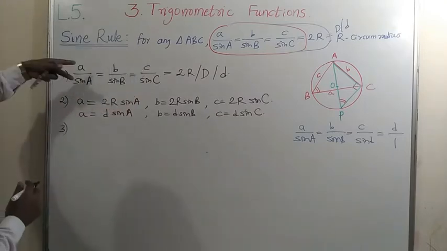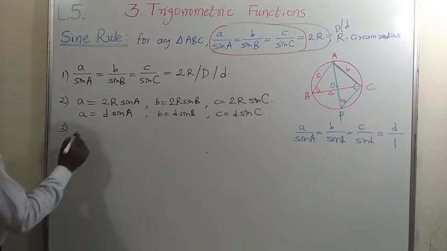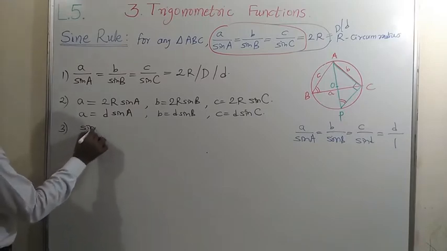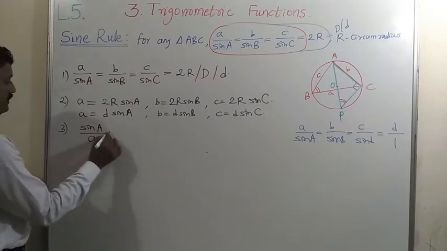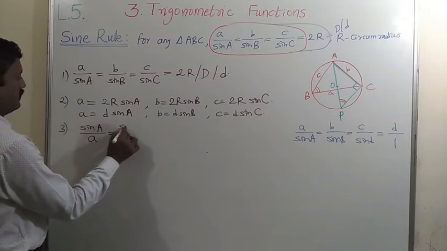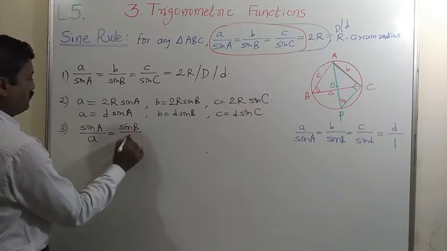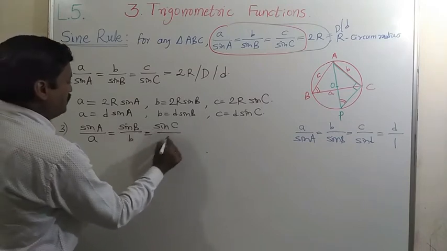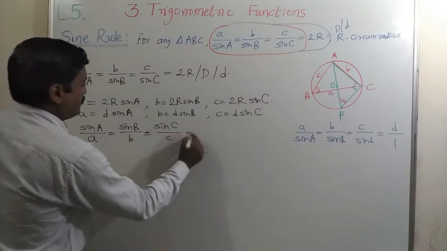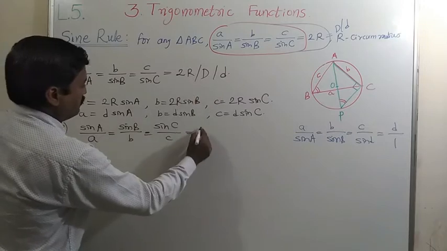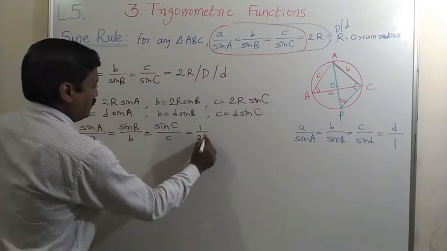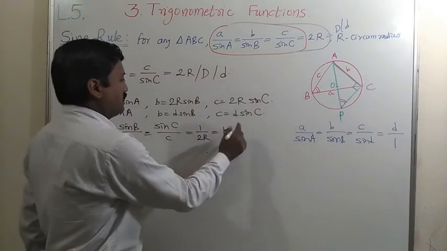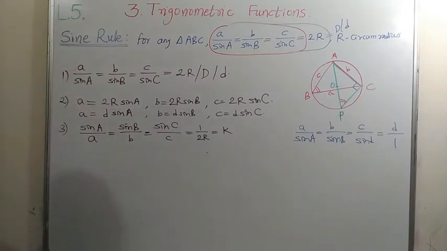If you take the inverse of all these equal ratios, then we get sin A upon a is equal to sin B upon b is equal to sin C upon small c. That is equal to 1 upon 2R, or let us take a constant k. It is the reciprocal of the diameter.